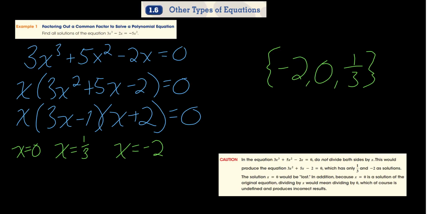If we divide everything by x, we would lose the x equals 0 solution, and in turn what we're doing essentially is dividing by x, which would be dividing by 0, because x is 0. That's in the solution. So make sure you don't do this. It would be tempting to divide both sides by x to get rid of it, as if it was a fraction, but obviously we're just going to factor it out. That caution there.